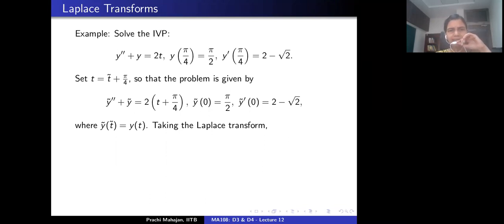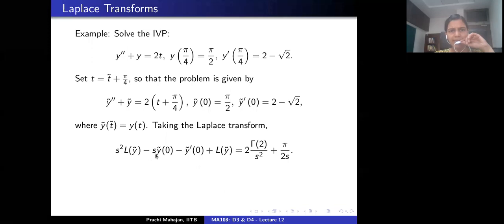If that is possible, then the first term here is precisely s square times the Laplace transform of y tilde, minus s y tilde evaluated at 0, minus the derivative of y tilde at 0, plus the Laplace transform of y tilde, and you will have 2.